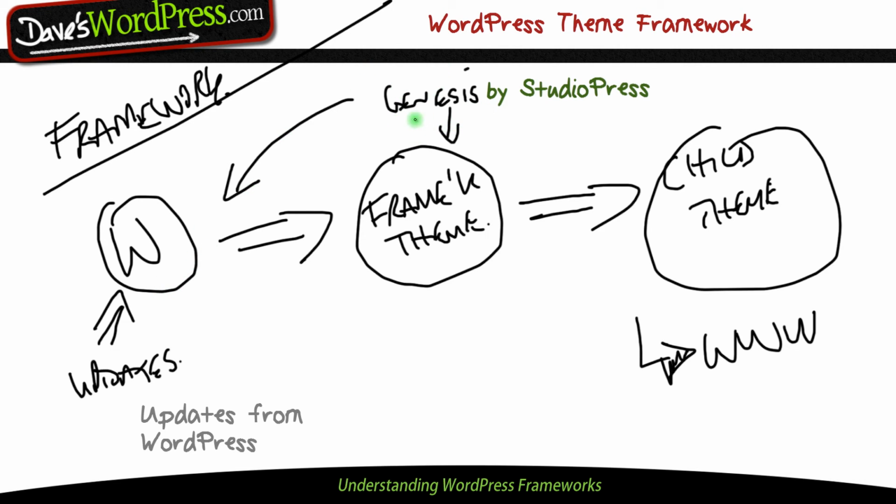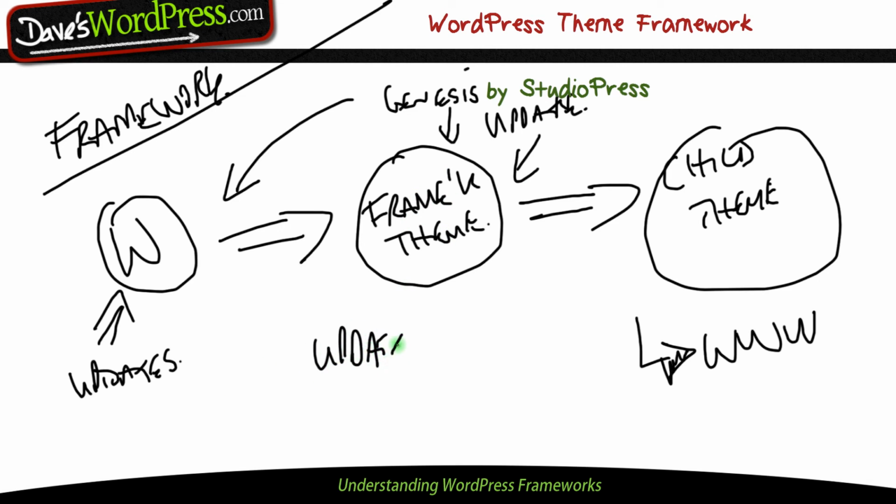They then make sure that they update, you got it, the framework theme. So when you run the update via the admin panel, everything is not affecting the way that this child theme works, because this has all been built. This is like the makeup on the face of this core framework.